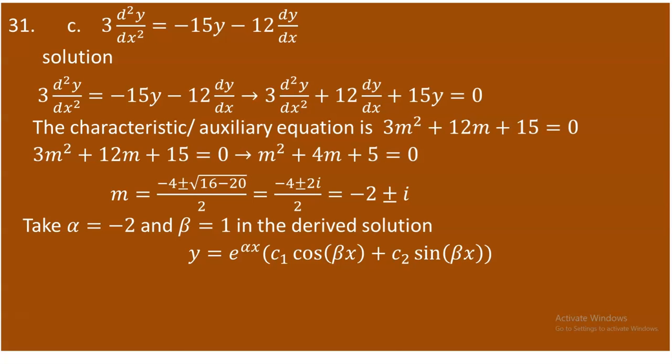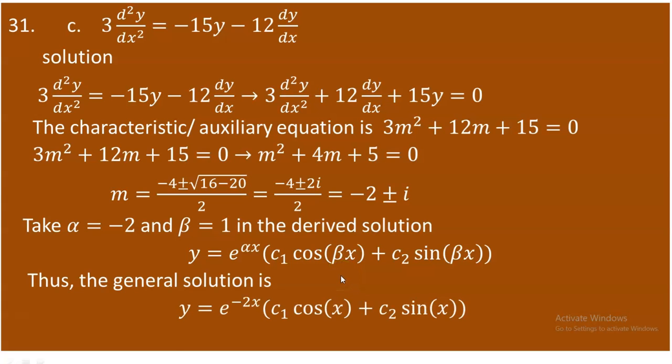So when we put 1 there, it will be as you see. So finally, the general solution for this differential equation can be written in terms of this one. y is equal to e to the power of minus 2x into c1 cos x plus c2 sin x.